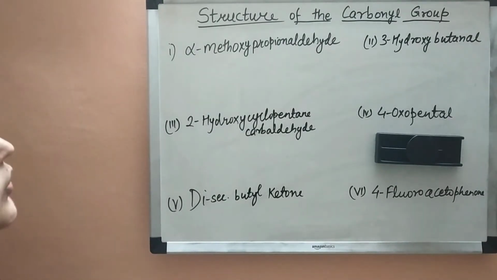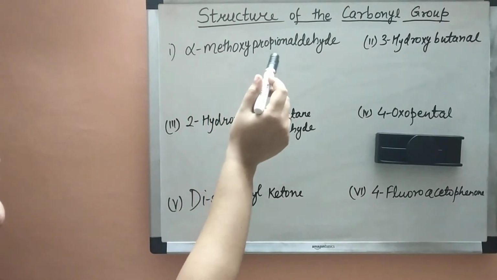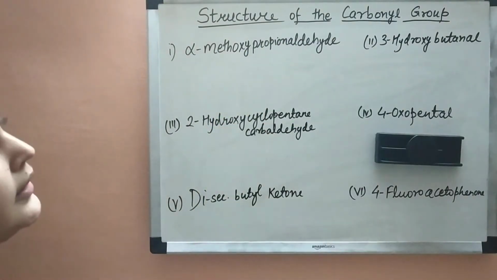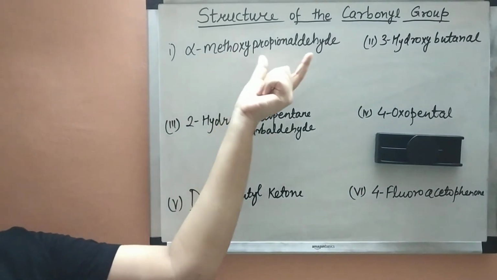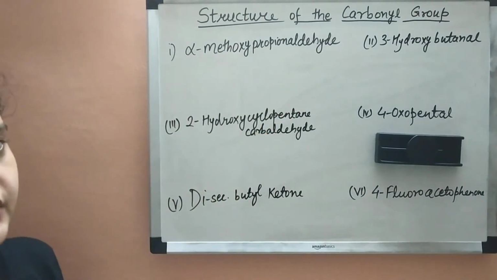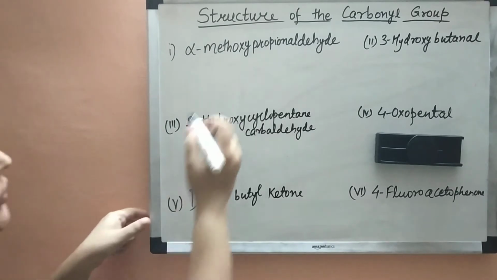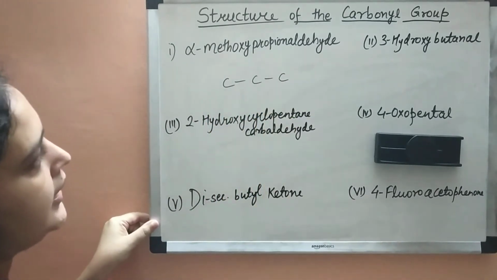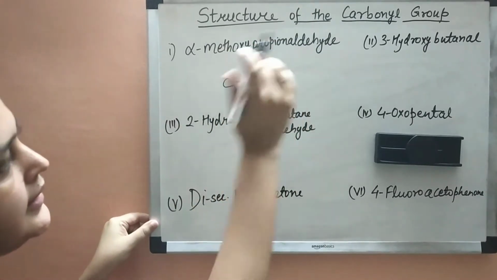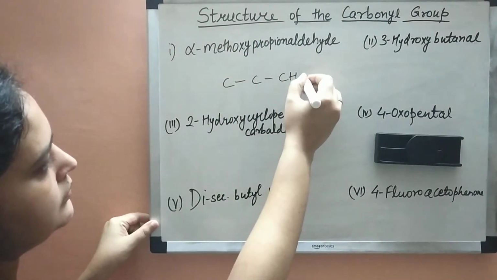The first compound is alpha methoxy propionaldehyde. Because it has propionaldehyde, it has 3 carbon atoms, 1, 2, 3. And at the first carbon atom there is aldehyde group, so CHO.